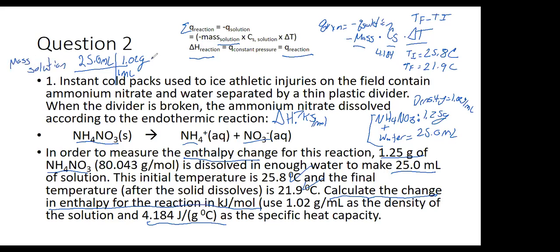That part is very easy to get wrong, to get tripped up on. So my mass of solution is 25.5 grams. Now I have everything I need to calculate Q reaction. Q reaction is always negative. It's not that the mass is negative; you can't have a negative mass.